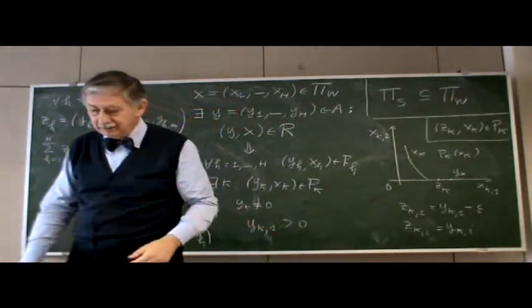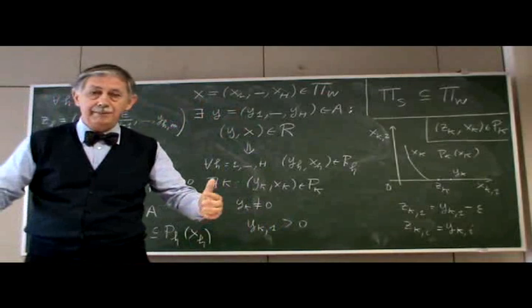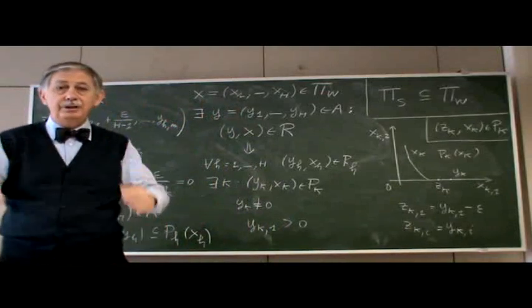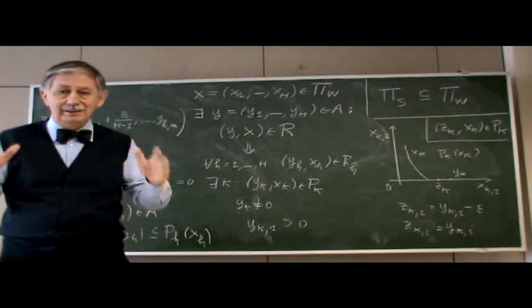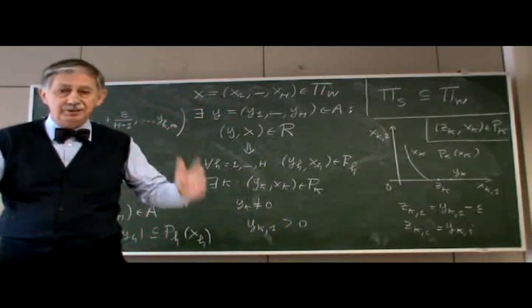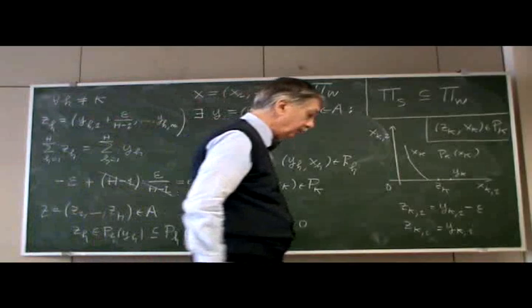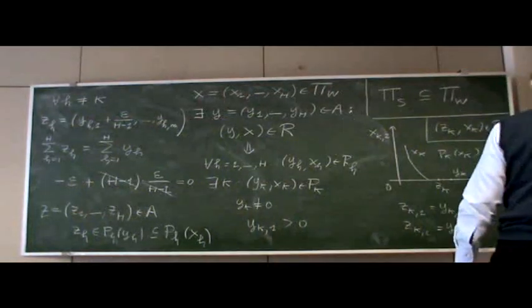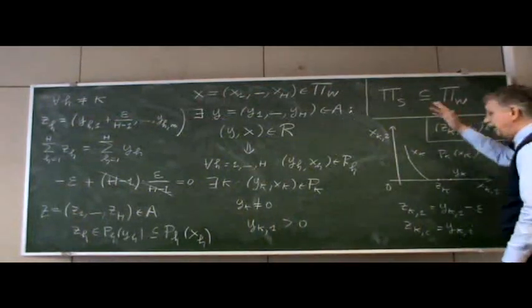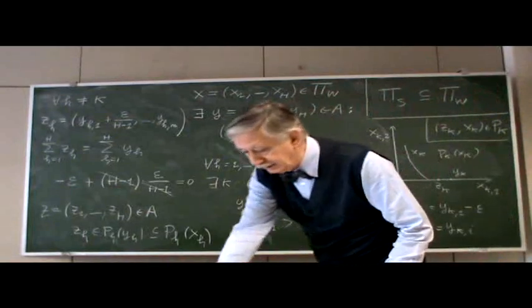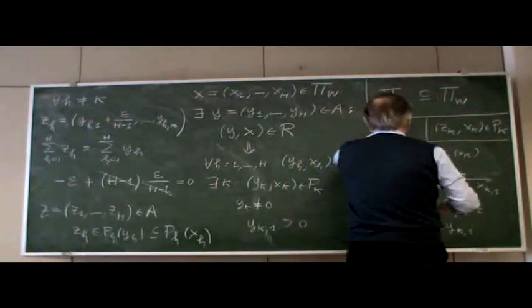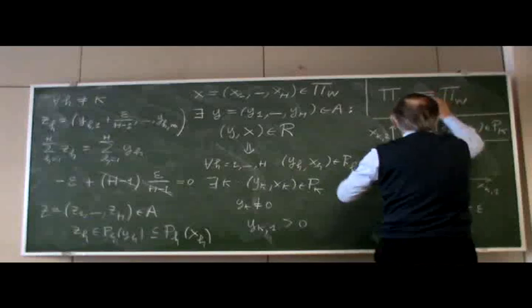In other terms, it is not possible to improve the condition of all subjects by means of a redistribution of resources. Is it clear? Contradiction. And therefore, Pi W is a subset of Pi S. And in the end, you can write this equation.